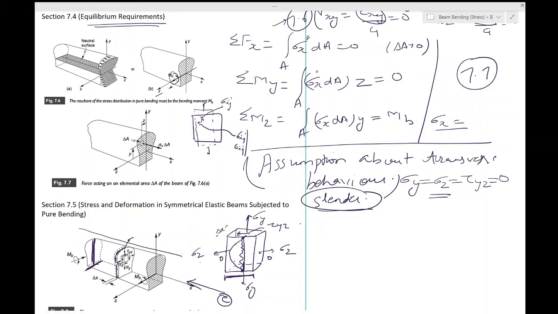But since it's not, it can be taken as 0, and the same would apply for shear stress tau yz as well, because they are also 0 at these surfaces.